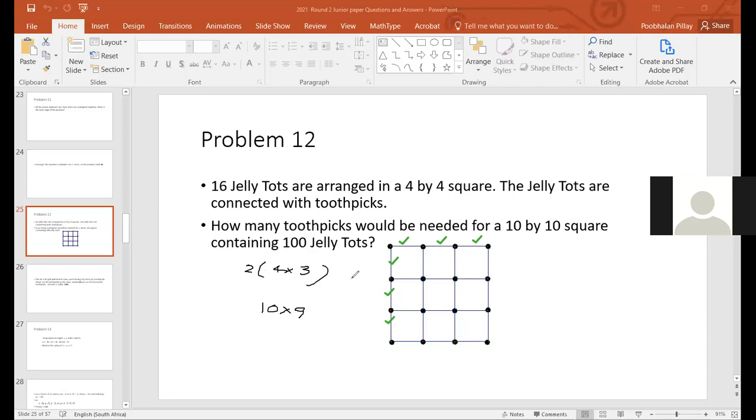Each row has got 10 toothpicks, like how we had 4, and there will be 9 rows, like we had 3 rows here, not 4. Just like that, there will be 1 less row here. So 10 times 9 is 90, and you have to double that to count the columns. And the number of toothpicks you're going to have is 180.